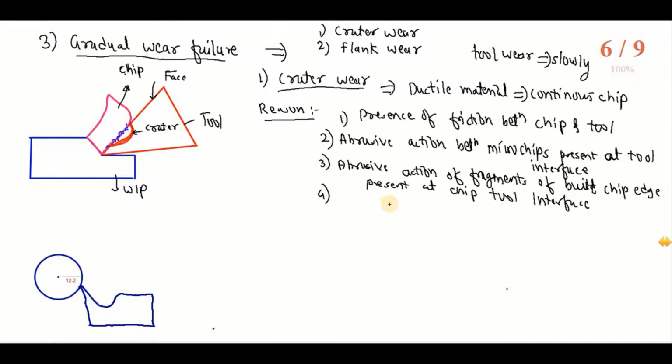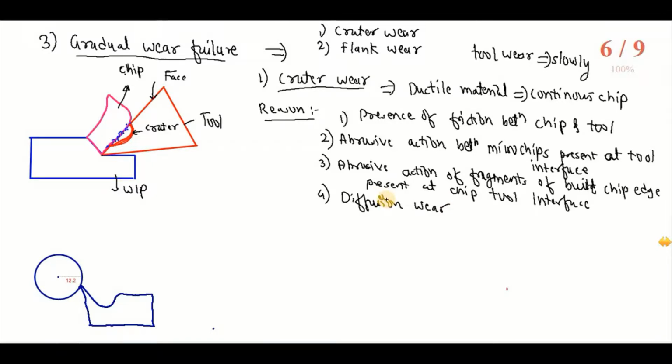Fourth reason, during machining operation, besides these three reasons: friction between chip and tool interface, abrasive action between microchips at the tool interface, and abrasive action of built up edge fragments at the chip tool interface, the fourth is diffusion wear. What is diffusion wear?